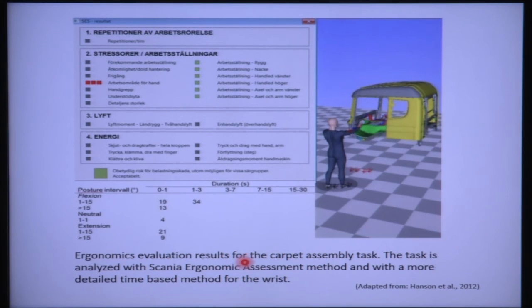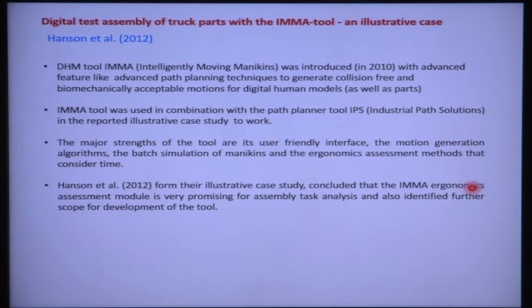Ergonomic evaluation results from the carpet assembly task: the task is analyzed with the Scania ergonomic assessment method and with a more detailed time based method for the rest. So, from this carpet assembly task they demonstrated that this new digital human modeling tool introduced in 2010, IMMA, is very promising for assembly task analysis.